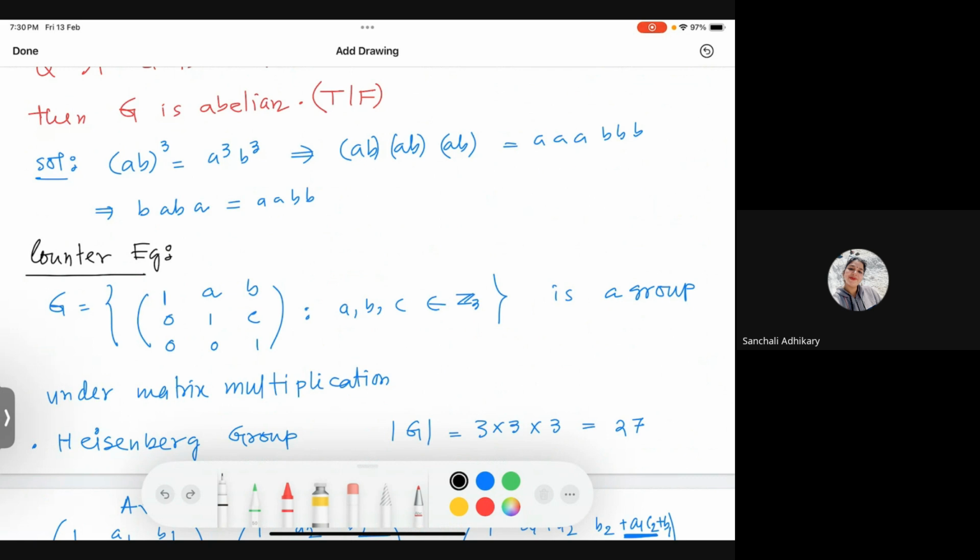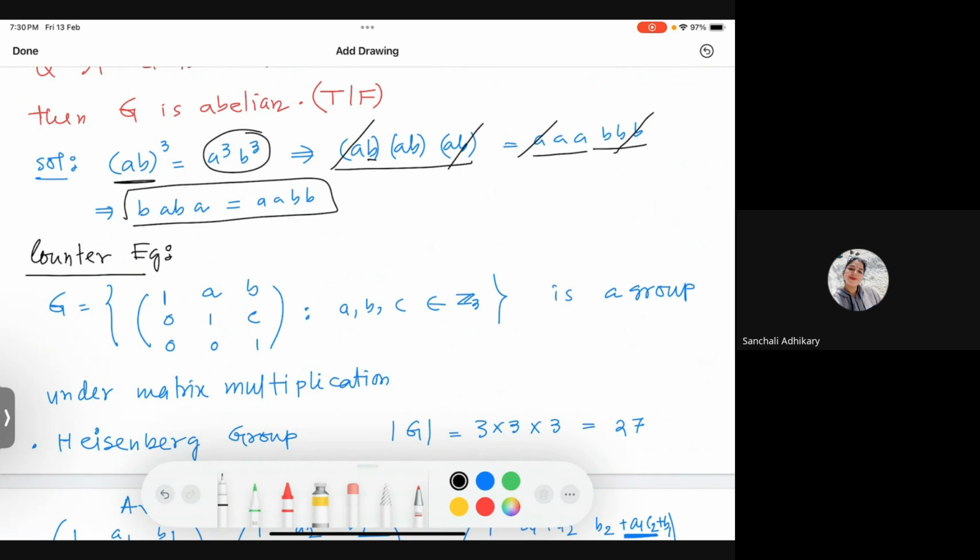Why? What is the problem? Because observe, (AB)^3 means this. And A^3 B^3 means A into A into A, B into B into B. So after applying cancellation law, what we have? We have this line, right? BABA.